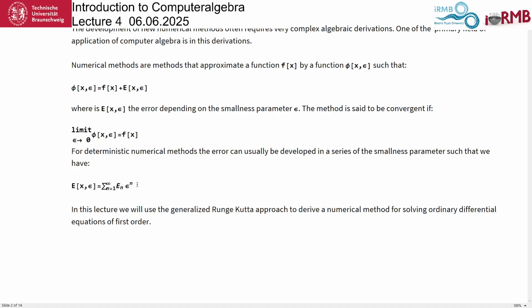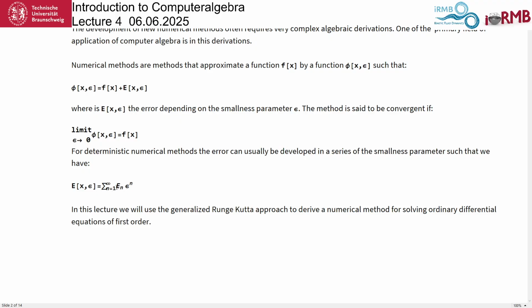So you can write the error, not always, but this is our assumption that we make up front, and later we have to check whether this is still true. We make the assumption that we can write the error in terms of a series expansion in this epsilon.